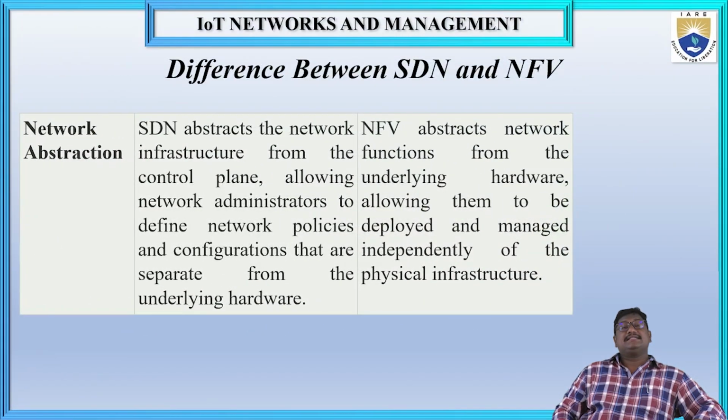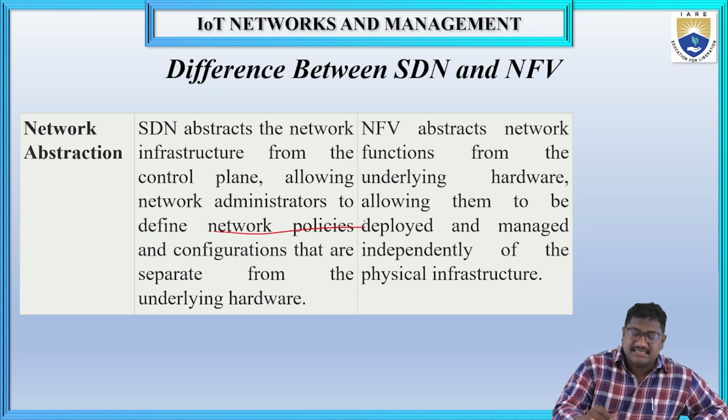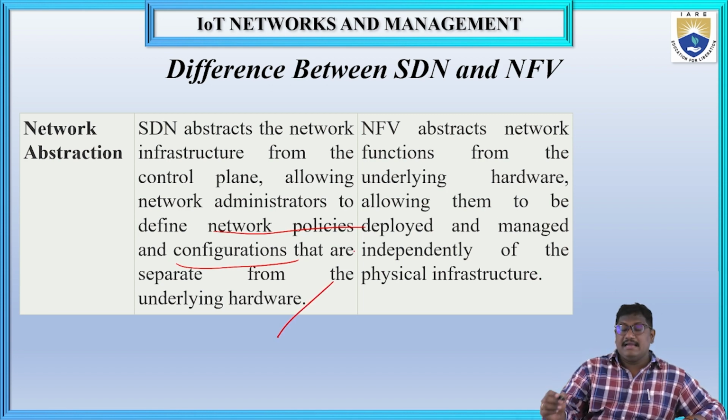And coming to the next thing, which is network abstraction. Here in SDN, the abstraction is going to abstract things about the data which is going to transfer. SDN abstracts the network infrastructure from the control plane or data plane, which allows your administrator to define the network policies and the different configurations to be used in the underlying hardware.